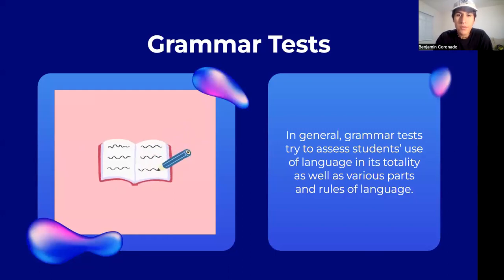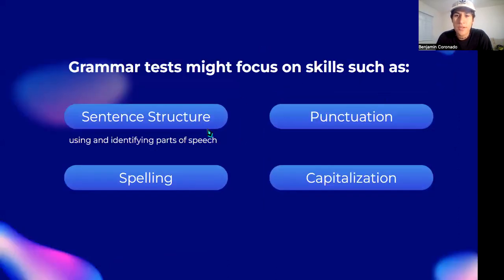In general, grammar tests try to assess students' use of language in its totality as well as various parts and rules of language. Grammar tests might focus on skills such as sentence structure, using and identifying parts of speech, punctuation, spelling, and capitalization. They might also focus on complex and compound sentences and sentence connection, as well as writing correct sentences and paragraphs.